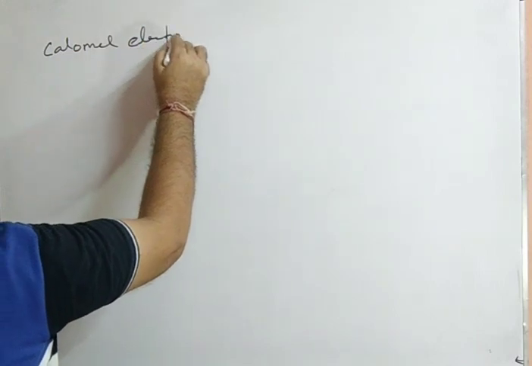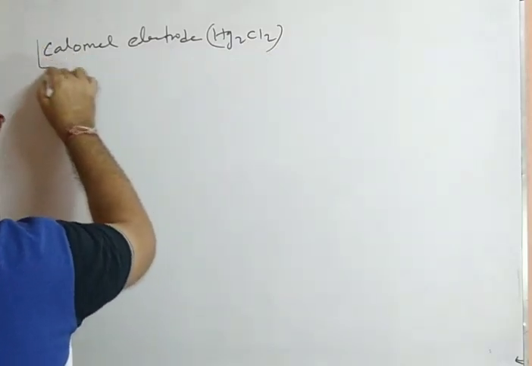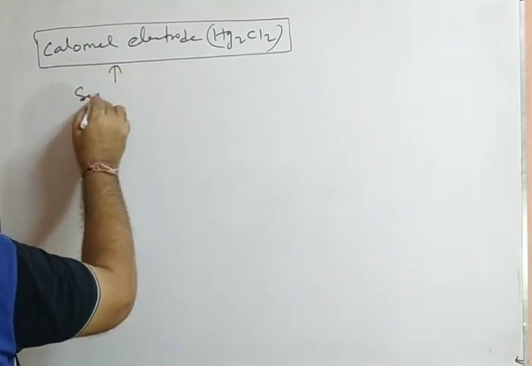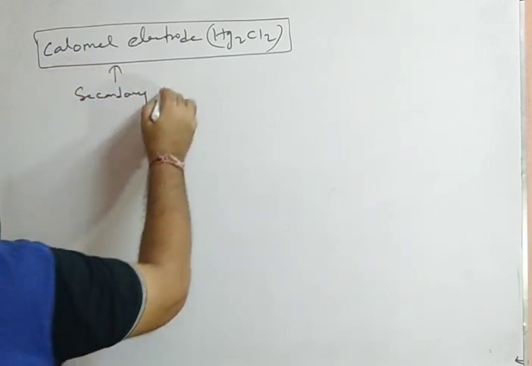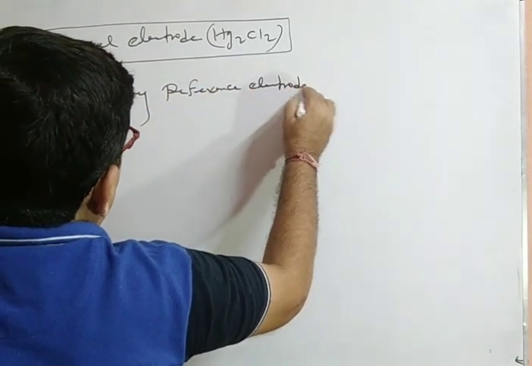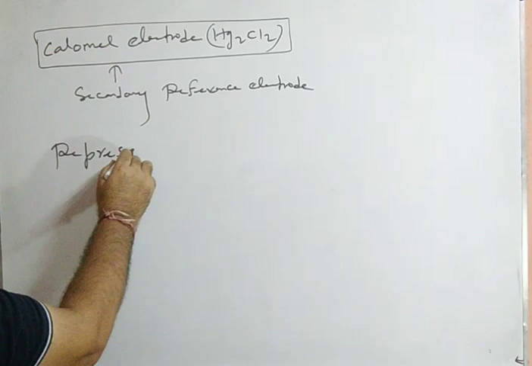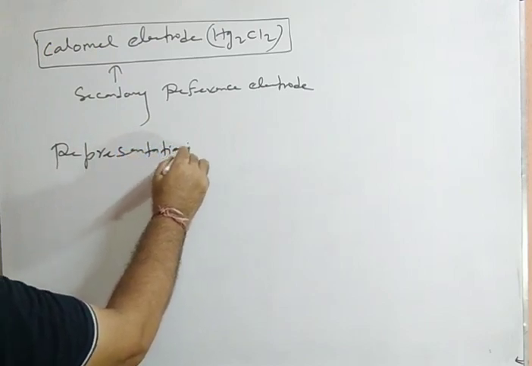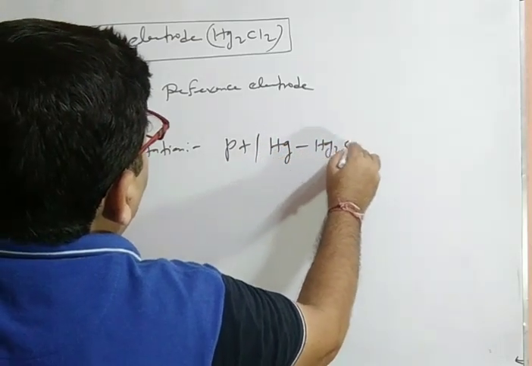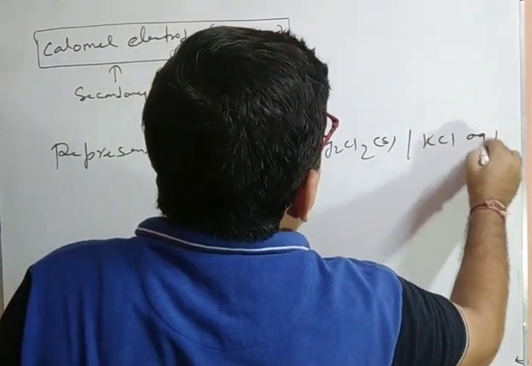Representation: Pt, Hg, Hg2Cl2 solid, slash KCl aqueous.